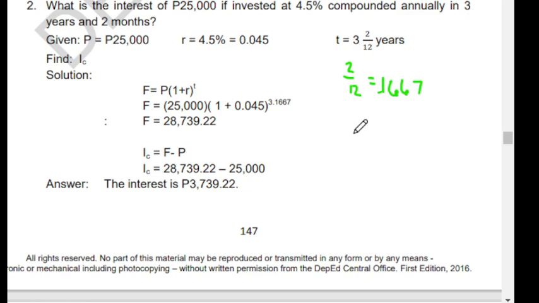So we have 25,000 times 1 plus 0.045 exponent 3.1667. The answer is 28,739.26.